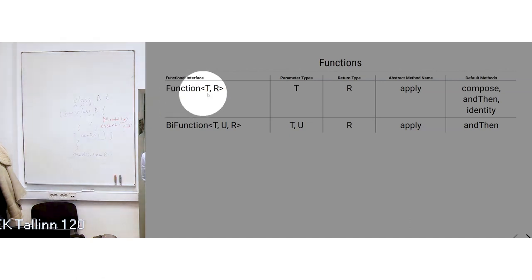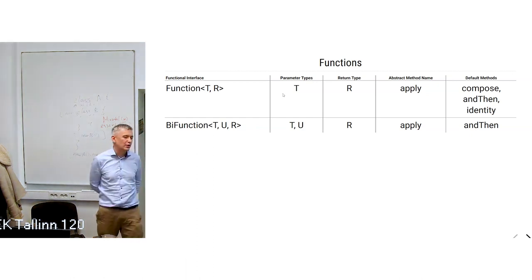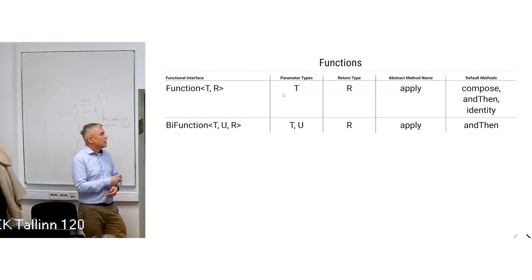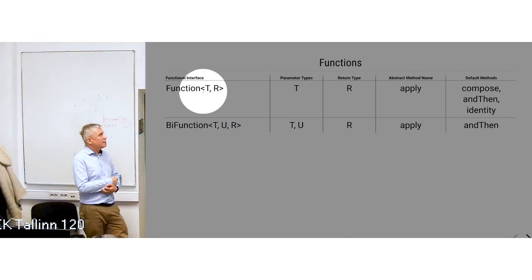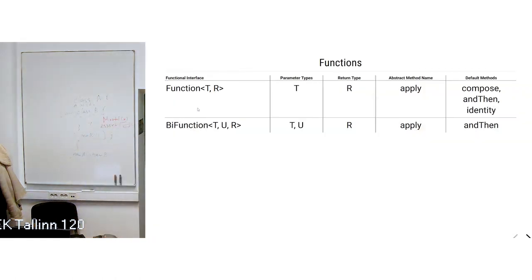First of all, the most commonly used functional interface is Function, of course. Function is a functional interface, and this is most commonly used because I think it makes sense for you why Function has two type arguments here, T and R. T is the type of argument of the function, and R is the type of result of the function, right?